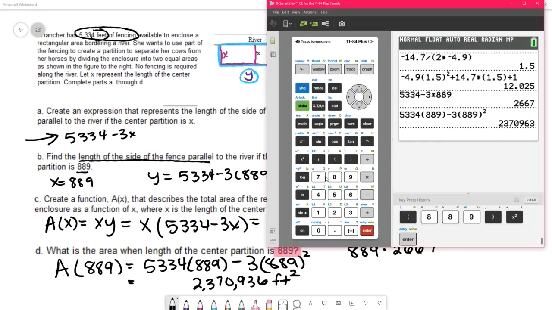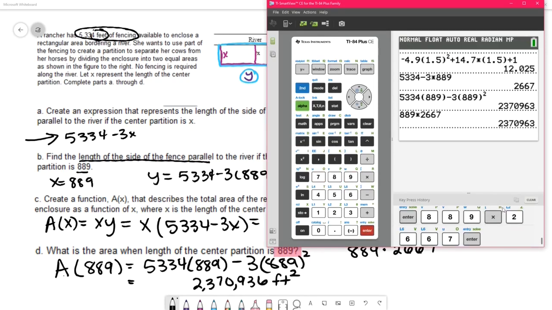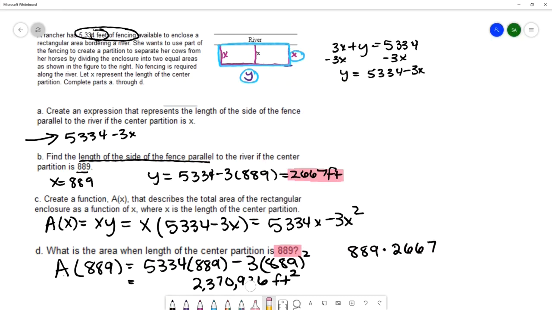So 889 times 2,667 also gives us that 2,370,963. So I wrote this backwards. So we get 2,370,963 square feet.